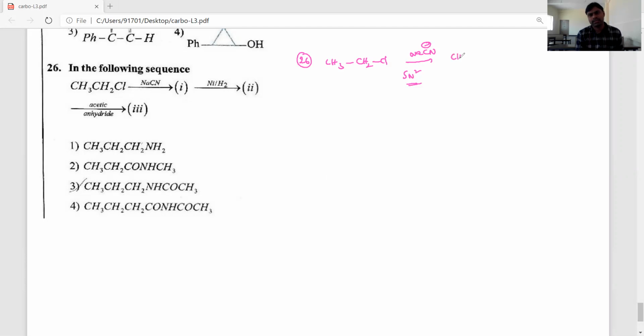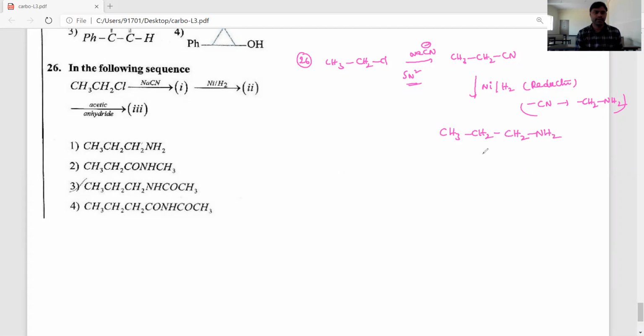The product is CH3 bond CH2 bond CN, ethyl cyanide. This ethyl cyanide on reduction in the presence of nickel and H2, the CN group is converted into CH2 bond NH2, a primary amine is formed. Now the product is CH3 bond CH2 bond CH2 NH2.